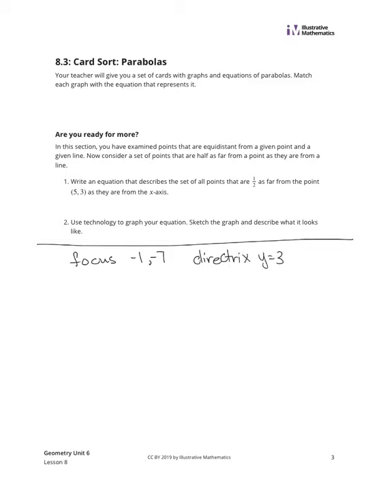So I'm going to use my equation that we wrote at the top of the last page. It was x minus a squared plus y minus b squared equals y minus k squared. Remember that my focus was my a, b and my directrix was my y equals k.